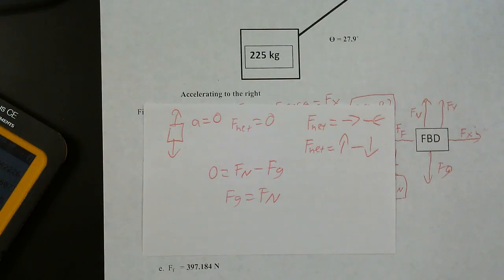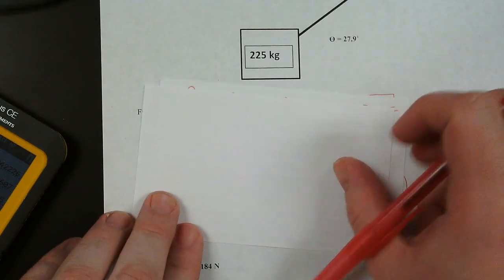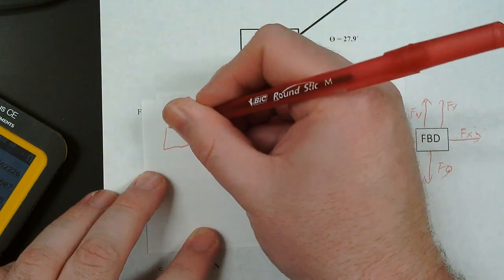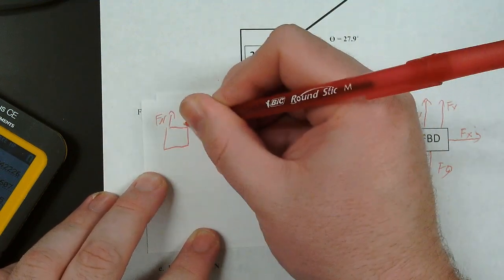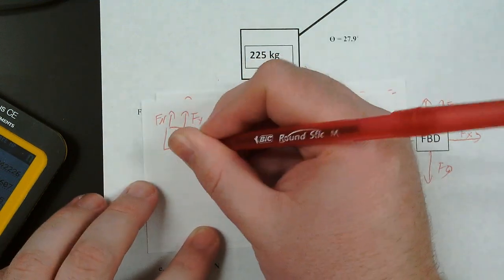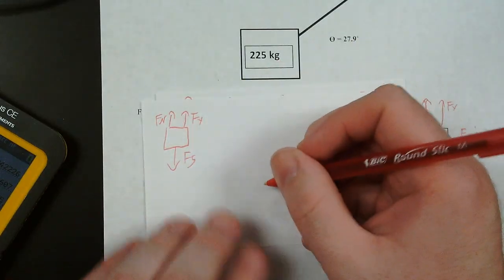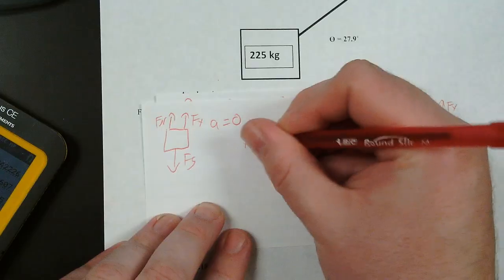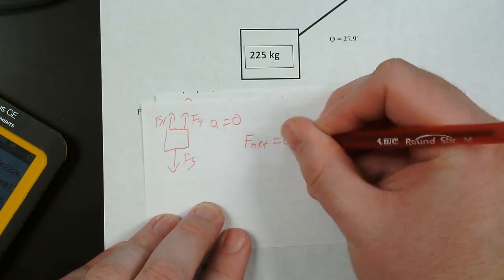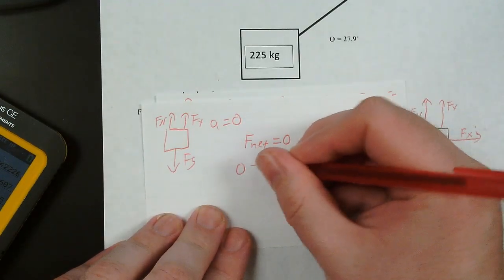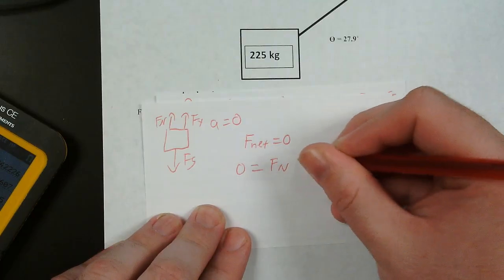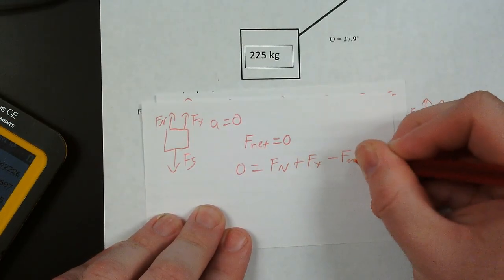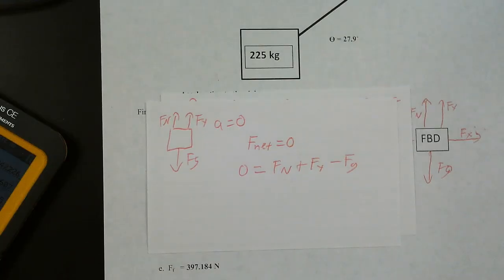If I take the same situation, but this time I have something that looks like this. I have Fn, I have Fy, I have Fg. If I do the same thing, acceleration equals 0, I end up with Fnet, which equals 0. I get 0 equals Fn plus Fy minus Fg. Where did that come from?